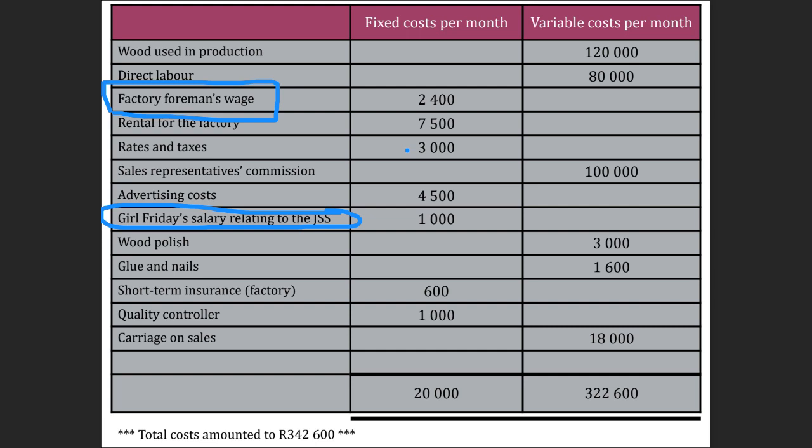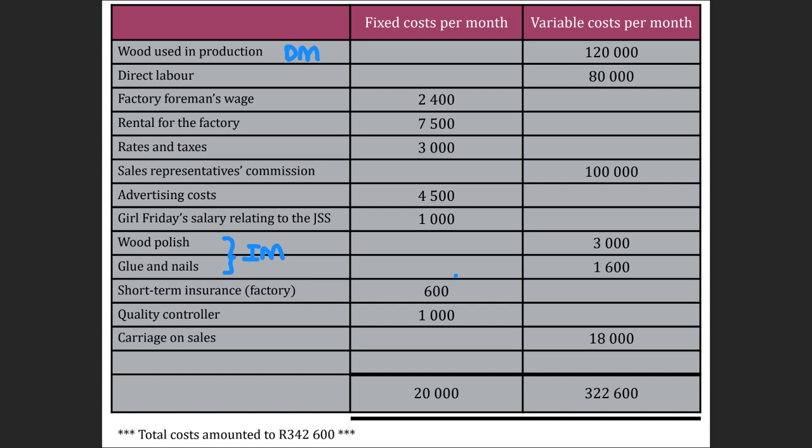Then the same with your wood polish and your glue and nails. You're going to ask yourself the question of, do these figures depend on production or not? Now, I'm grouping them because they both fall under the category of your indirect materials, but they are viewed with the same mindset as your direct material right here at the top.